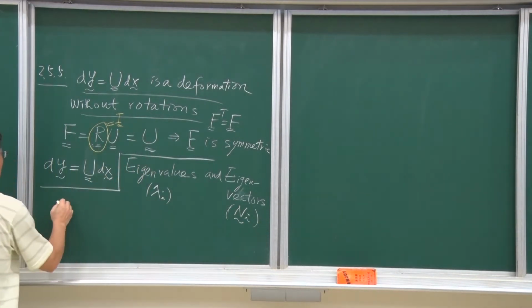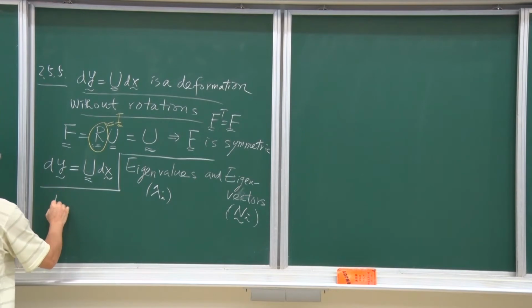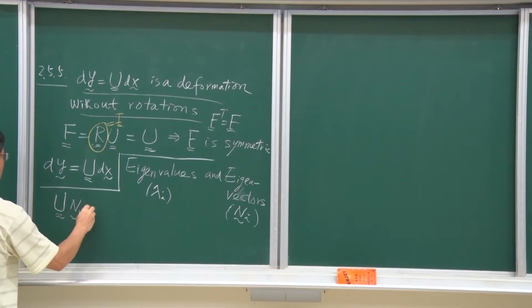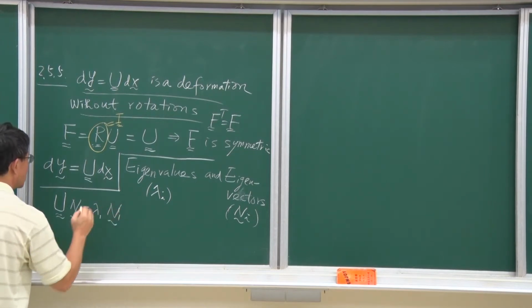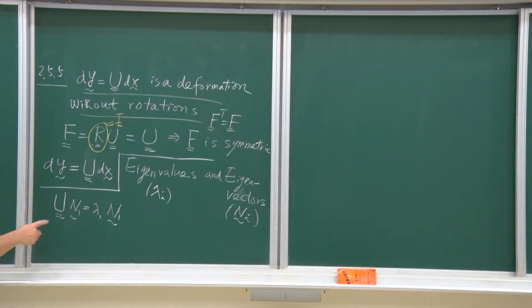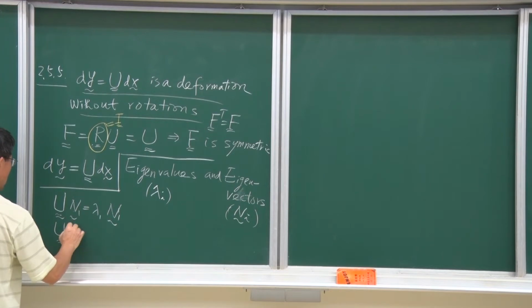What it means is that we have an N1 with lambda 1. See, the eigenvectors, after being operated on by this matrix, don't change direction. Okay, it only changes the length of the vector. This is called the eigenvalue problem, a famous concept you had learned before.